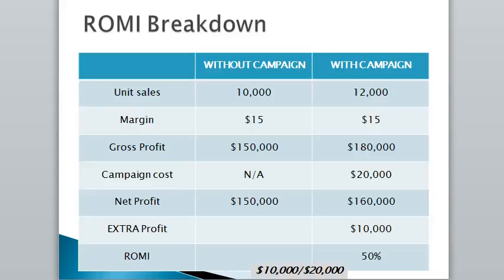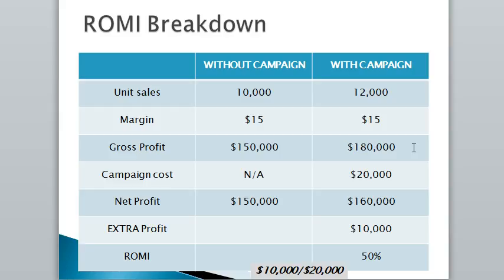So what we do is a side-by-side comparison. What would happen if we didn't run the campaign? This is just our normal, everyday, expected sales, what we're calling the baseline. So what we would normally make is $150,000. In the campaign, we made extra sales at the same margin.